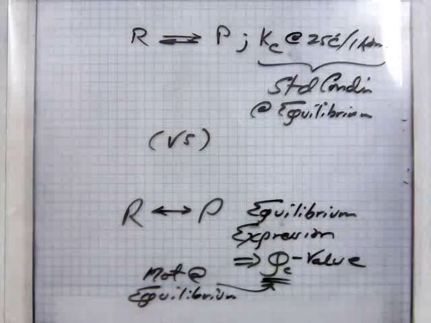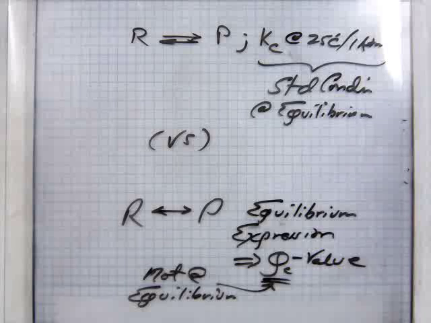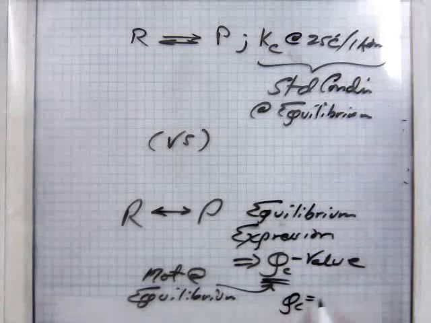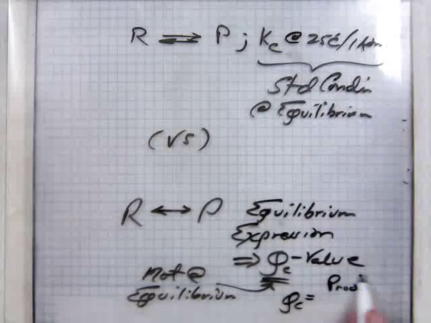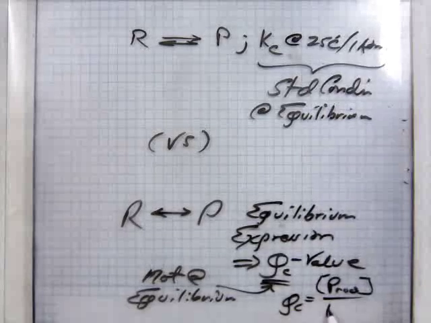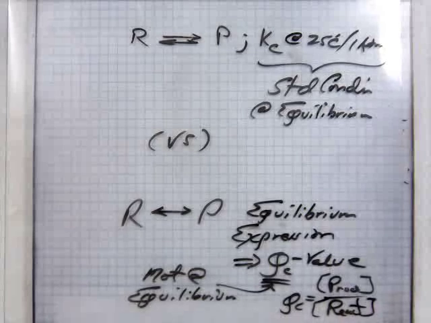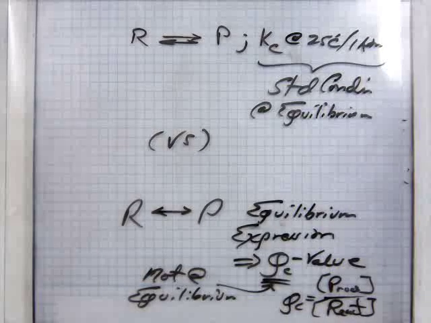Now, QC is calculated the same way as Kc values, or K values. Concentration of the products over the concentration of the reactants. The same way. But it's not equal to the Kc value.